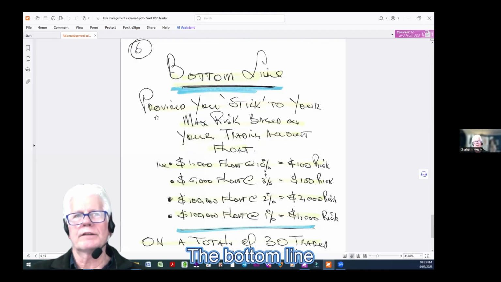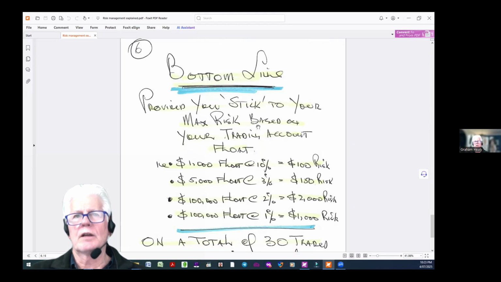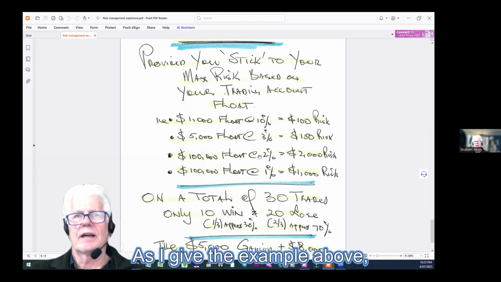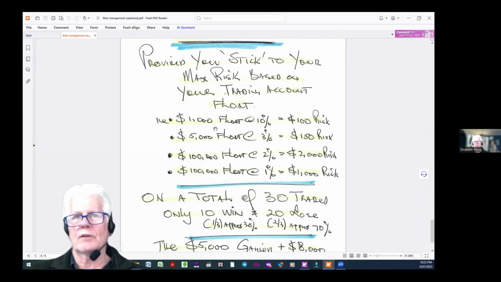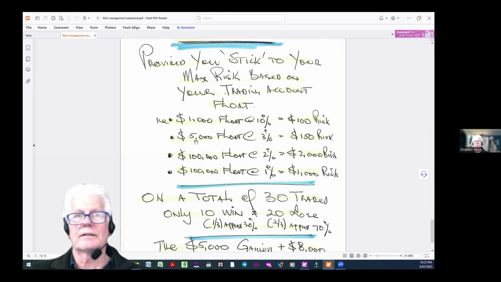The bottom line is provided you stick to your maximum risk based on your trading account float, as I gave in the example above, $1,000 float at 10% is $100 risk per contract.